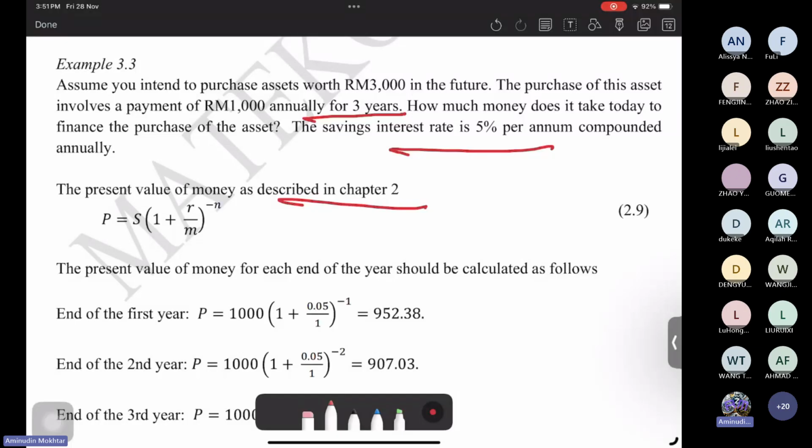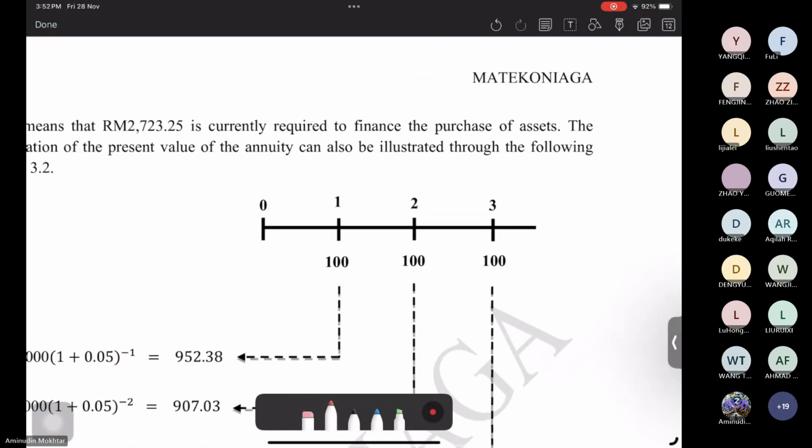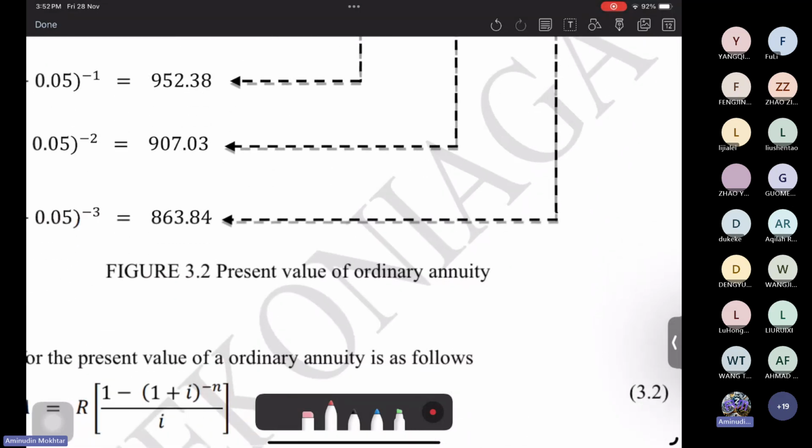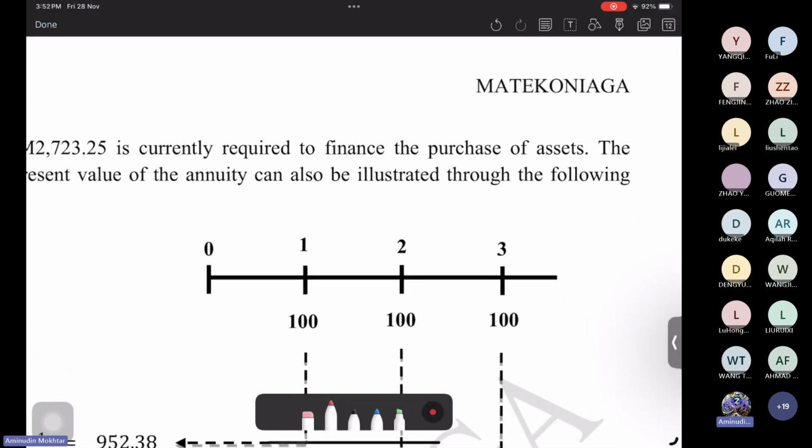Look at this figure 3.2. How do we describe the present value of ordinary annuity?